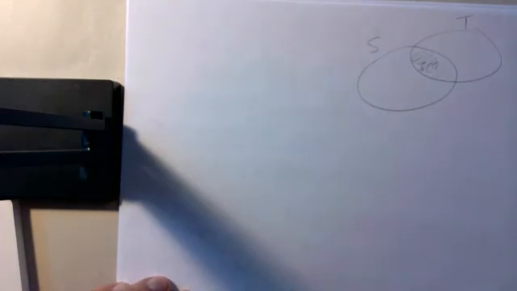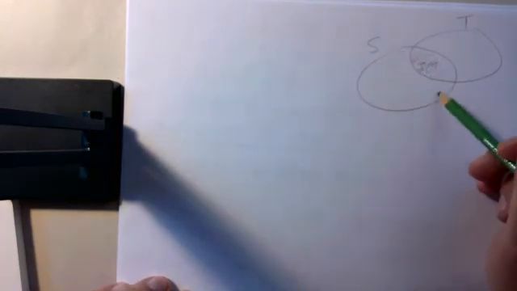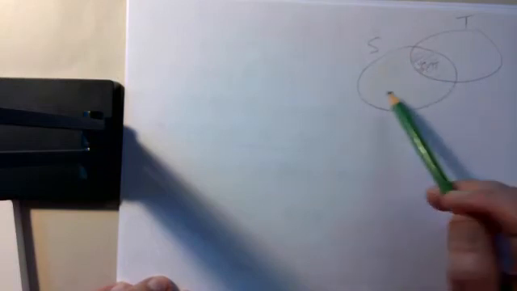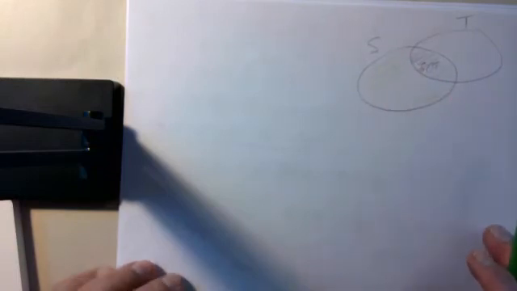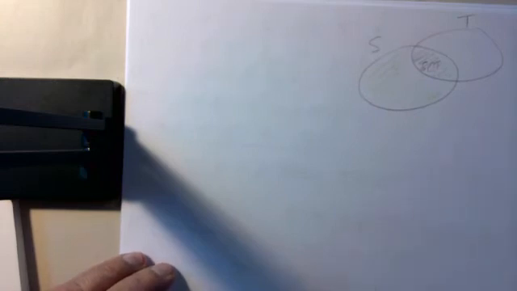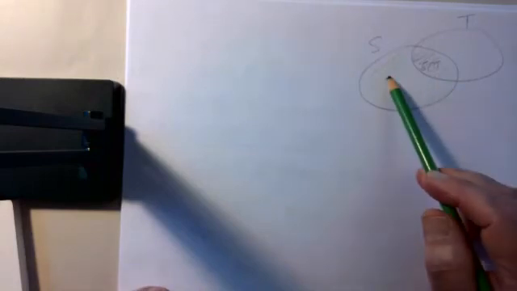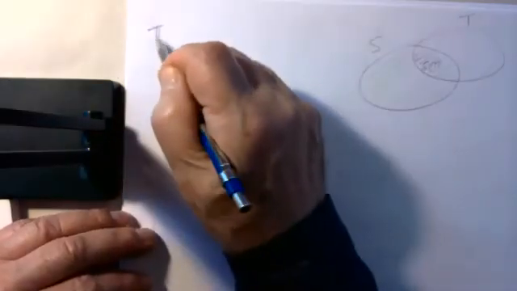But what can we say about this green area? So what I shaded in green is everything in S that's not in T. So that's called the difference.